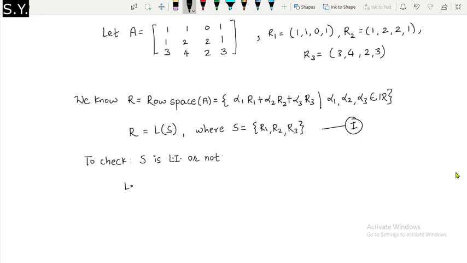So let us see whether this S is linearly independent or not. Let alpha 1 R1 plus alpha 2 R2 plus alpha 3 R3 equal 0 in R raised to 4, where alpha 1, alpha 2 and alpha 3 are real numbers, and I am going to call it sum 2.